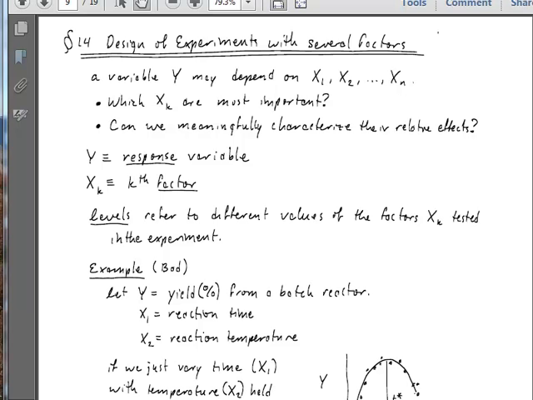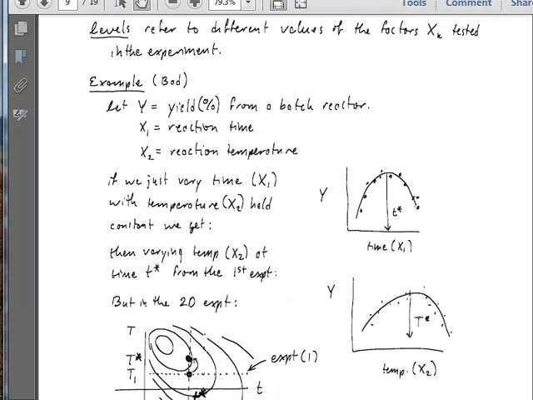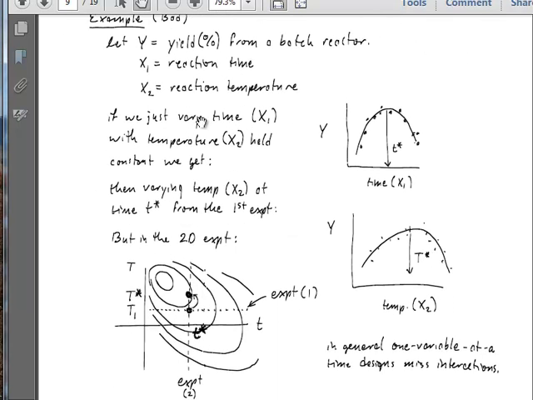And a bad example of a poorly designed experiment is that if you're looking at the dependence of a reactor's yield on the reaction time and the reaction temperature, that's x1 and x2, then we could try and analyze these two variables one at a time, right?